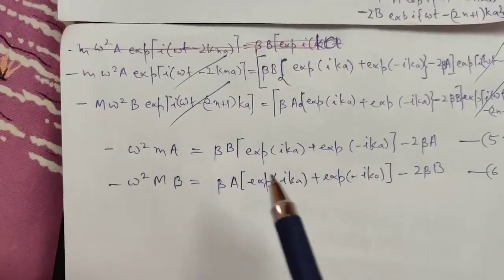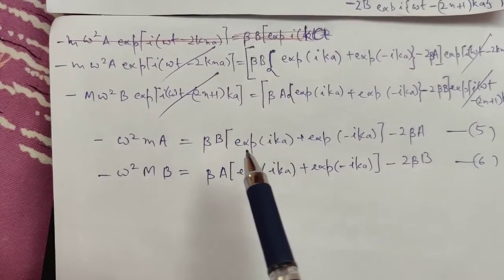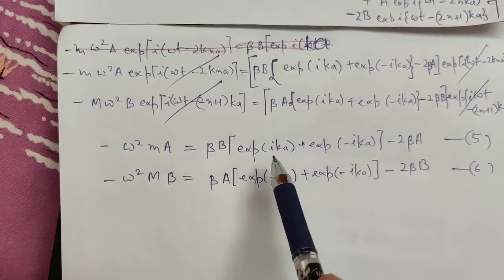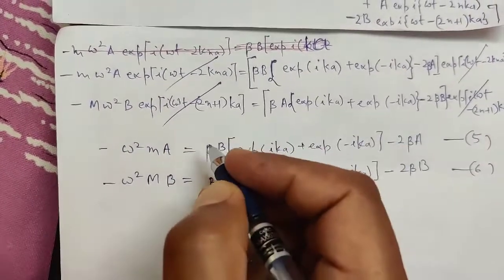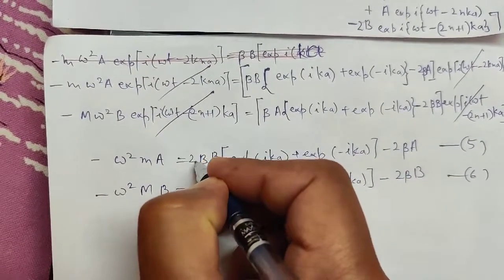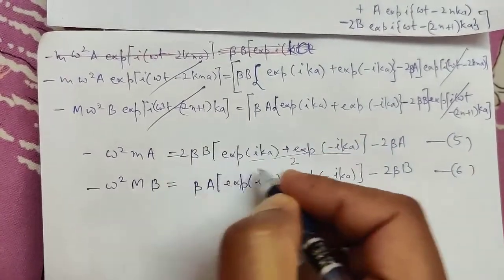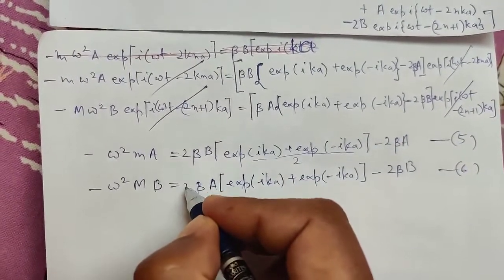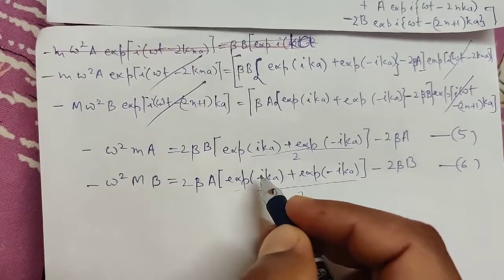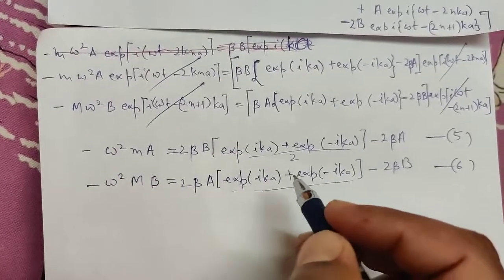Now to solve this, because this is in terms of exponentials, we can multiply and divide this term by 2, and divide the whole term by 2. As we know, this becomes cos ka in terms of the exponential function.